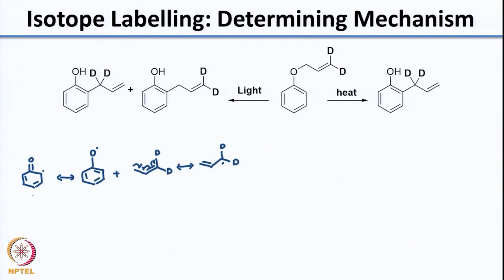If this is A, intermediate A can interact with, so there is a radical here, either this radical, I will call it R1, or the second radical R2. If intermediate A reacts with radical R1, the product that you get is one where you have no rearrangement. Let us call this product 1. If it interacts with the radical after rearrangement, you get product 2.